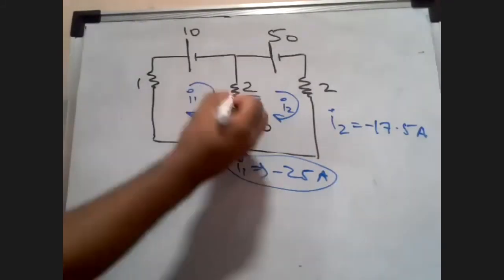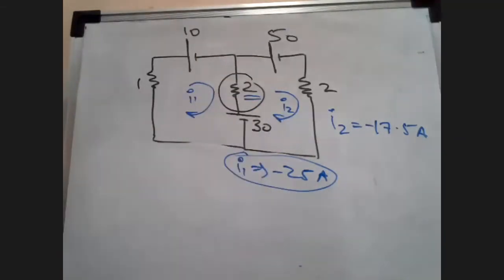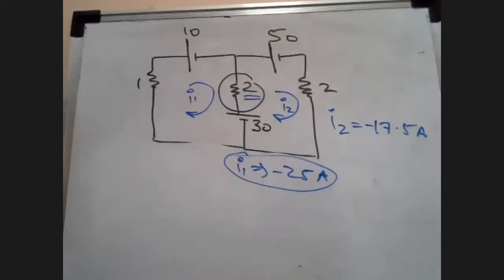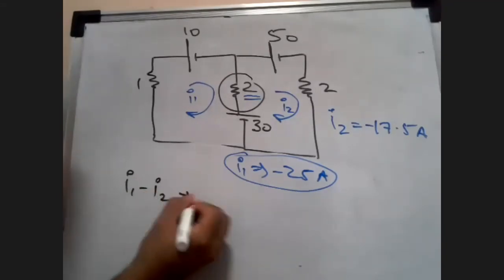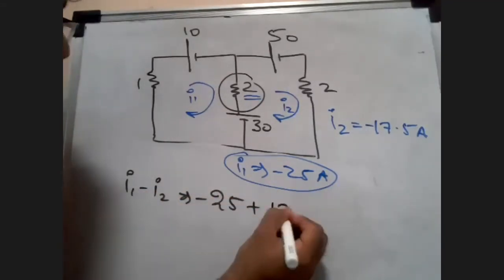If the question was to find the current passing through 2 ohms over here, the current is I1 minus I2 or I2 minus I1, do any of that. If you do I1 minus I2, you will get minus 25 minus of minus, that is plus 17.5.